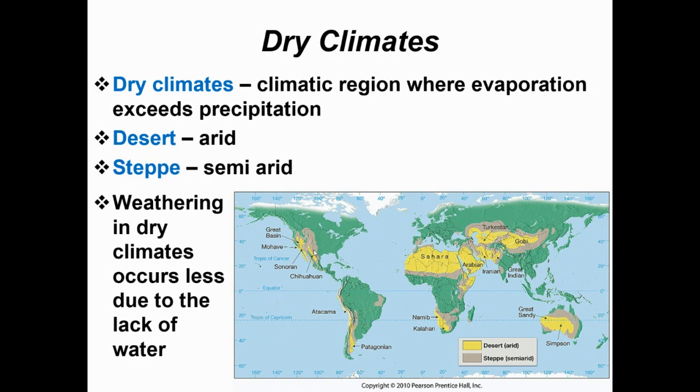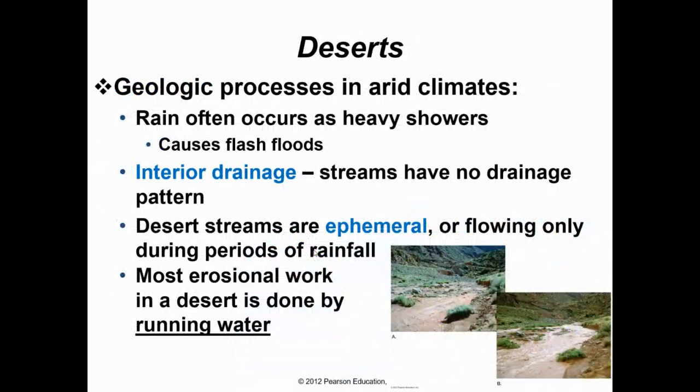Deserts are the exact opposite of that, so weathering doesn't occur nearly as much. So believe it or not, rain is the predominant driver of weathering when it does occur, okay?